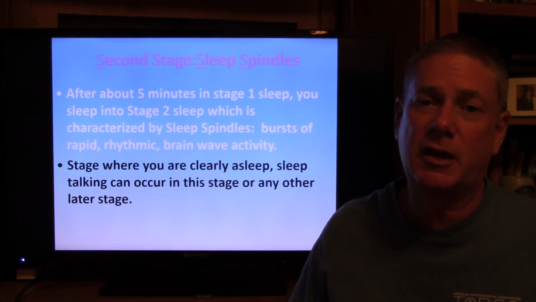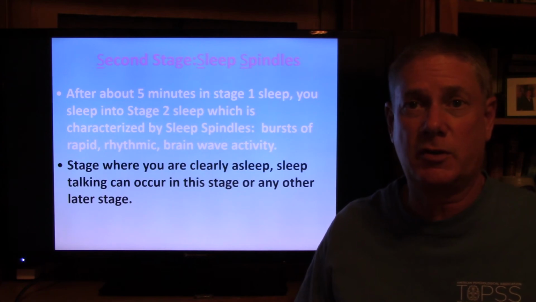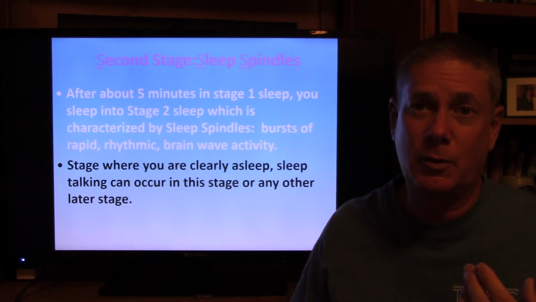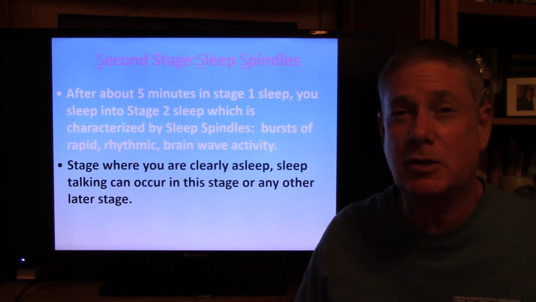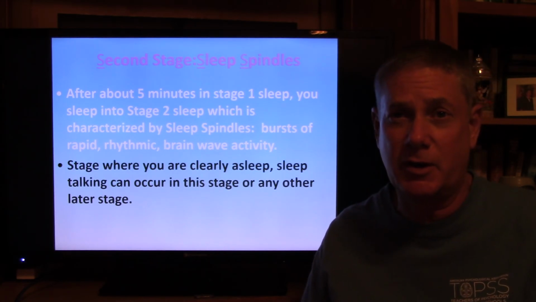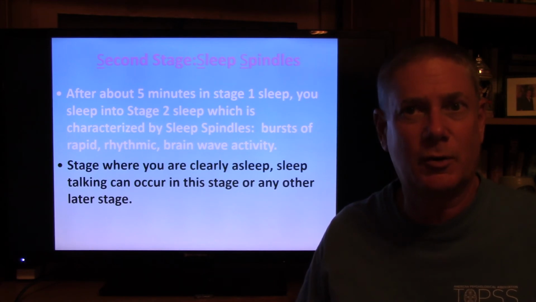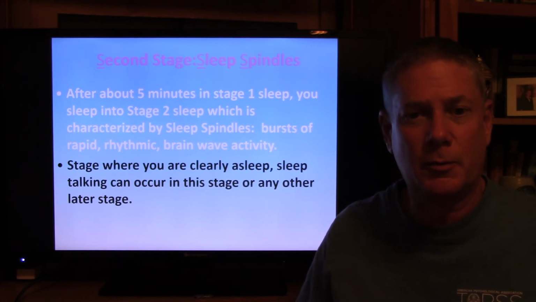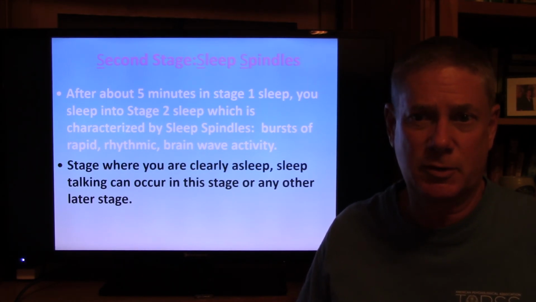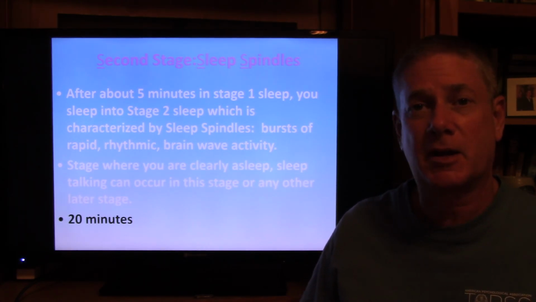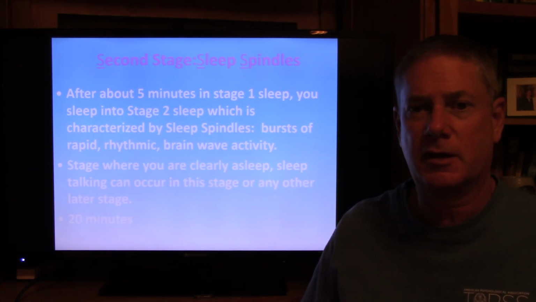Sleep talking basically can happen at any one of these stages, and if you were interacting with somebody and you thought you were having a conversation and they were hearing you and understanding what you were saying, that's kind of your imagination running away with you a little bit. They're really not having that conversation with you. And again, that's about a 20-minute cycle.